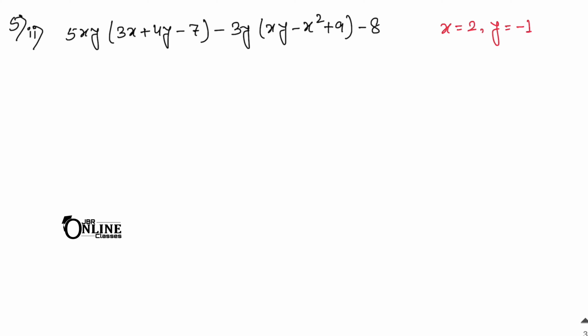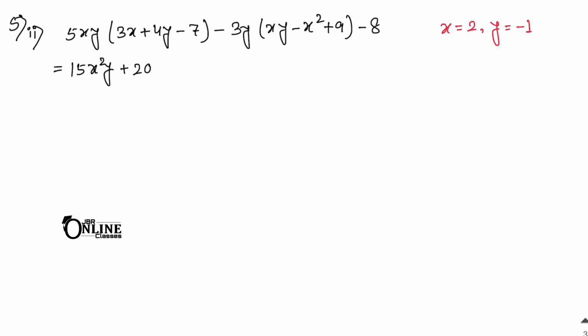Now question number 5.2. Here 5xy multiplied with 3x plus 4y minus 7, then minus 3y multiplied with xy minus x square plus 9 minus 8. You have to evaluate the value for x equal to 2 and y equal to minus 1. So first multiply this one, 5xy with 3x becomes 15x square y.